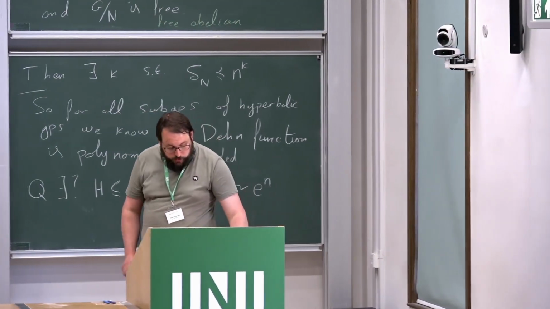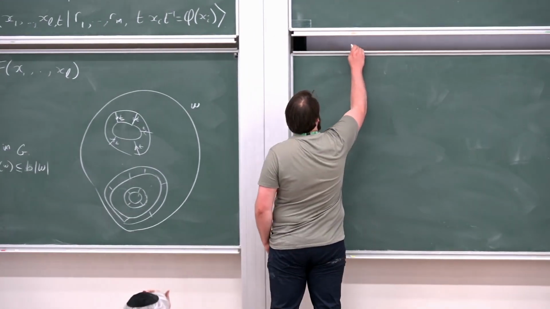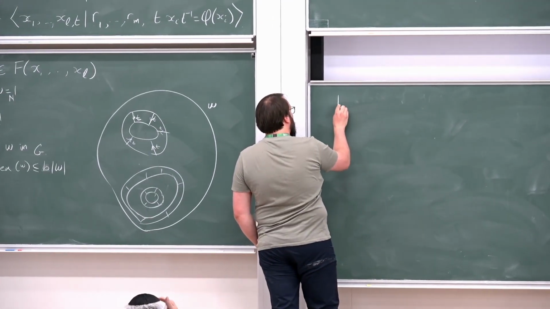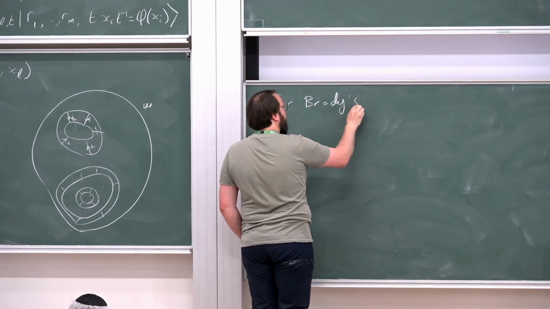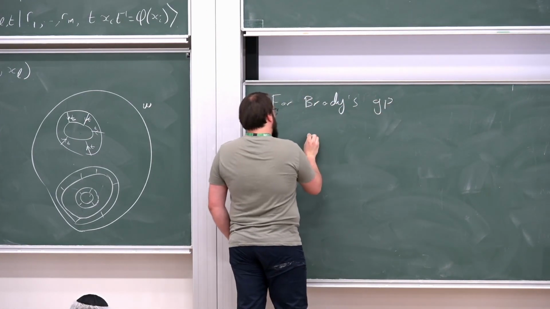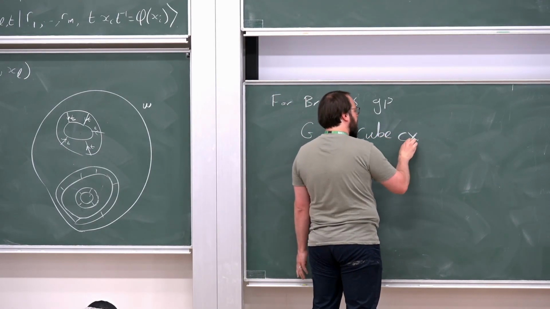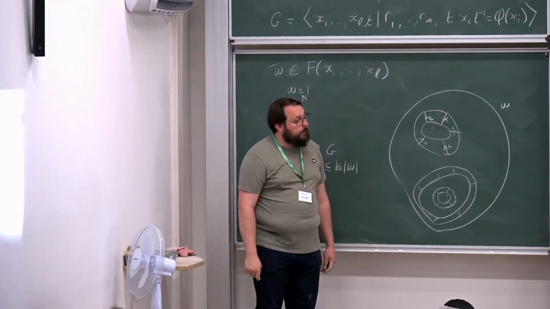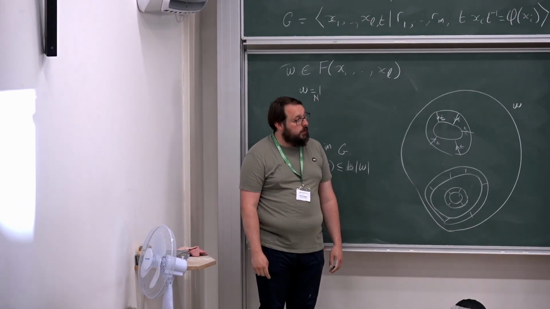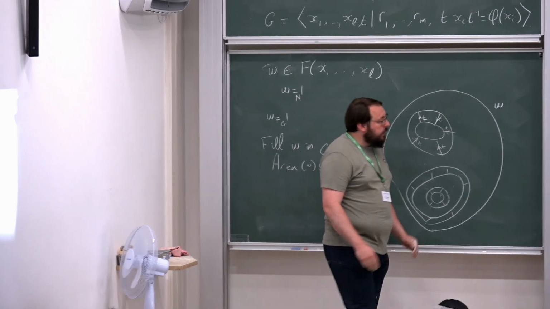And so what we do is we look at Brady's group, G acts on some cube complex. Okay, and he proves that it's hyperbolic by proving that this cube complex admits no isometric embedding of a flat plane. And so we were actually able to upgrade that.